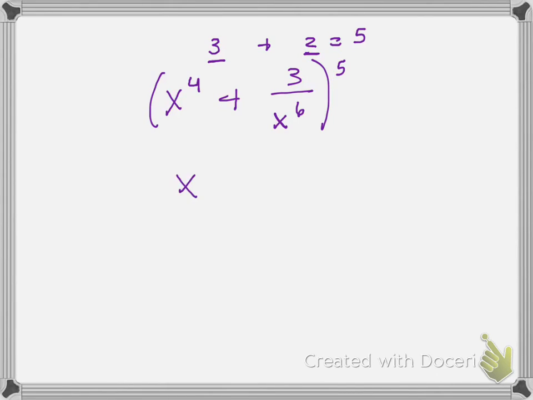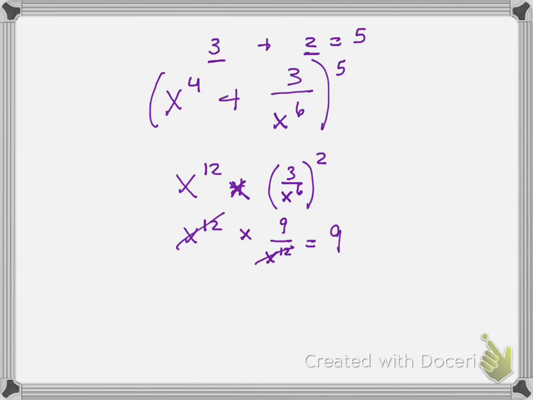And you know that x to the 4th cubed is x to the 12th, times 3 over x to the 6th raised to the 2, which is going to equal x to the 12th times 9 over x to the 12th, which is just going to cancel out to equal 9. And so we can see that the constant in this is going to be this, and then we know that we have to have a Pascal number here.